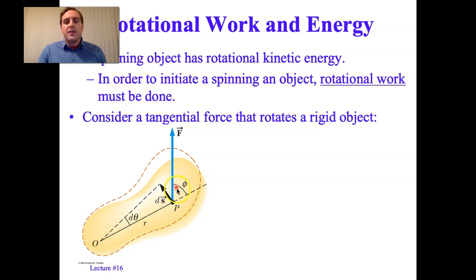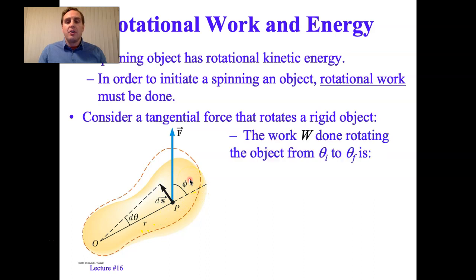So I should say that this phi is actually between the radius extended and the force itself, and ds is the perpendicular path that this point should be rotated on if we're going to get maximum torque. So notice that phi, not necessarily being perpendicular to this radius, suggests torque, and so it should make sense to you that the work done rotating for an object from theta initial to theta final is going to be this.